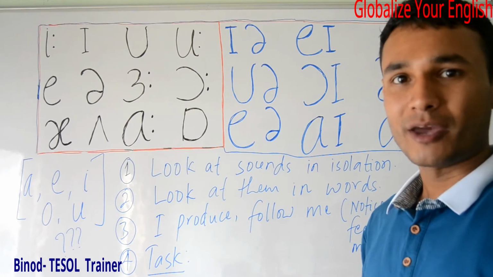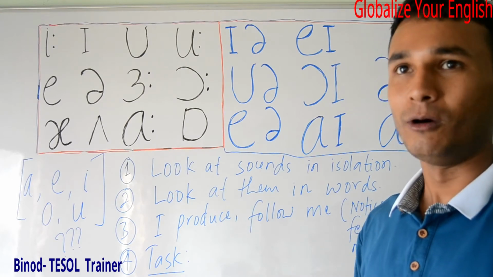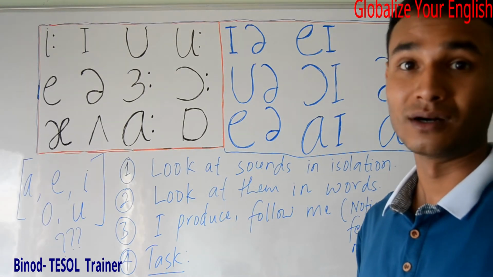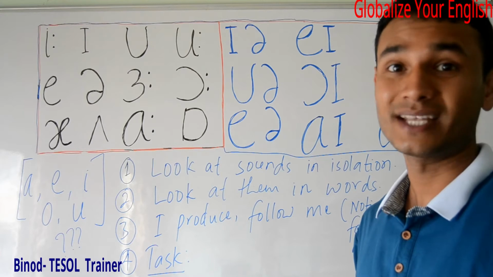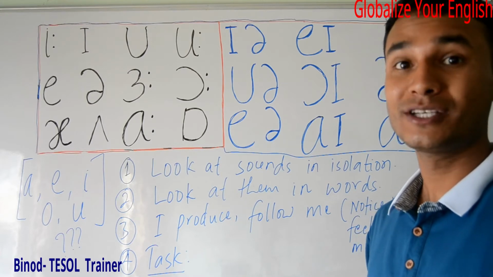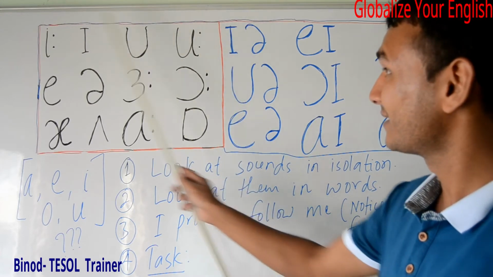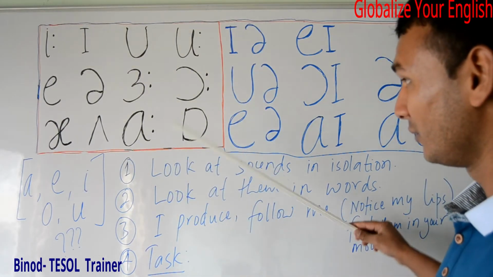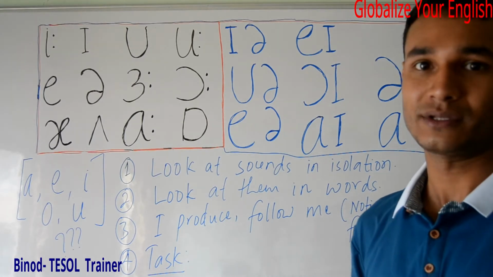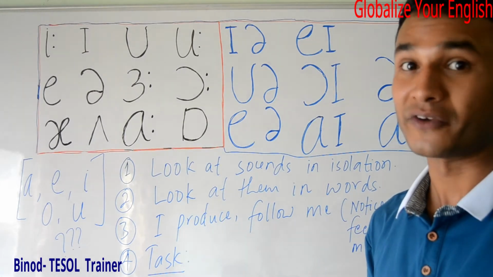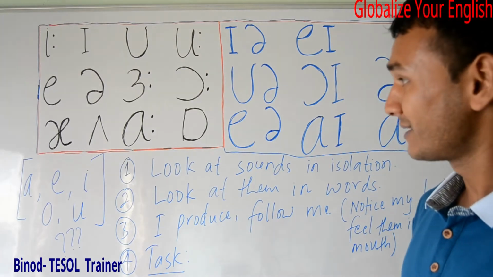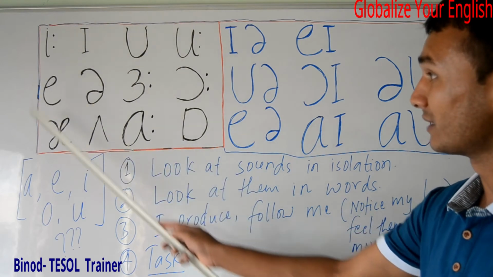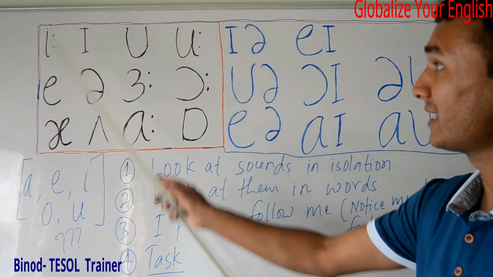Okay, now we will be talking about monophthongs, what I call, some people say simple vowels, or just say vowels, no problem. But what we will do with these 12 vowels today, we will be just looking at these sounds, not these sounds. We will discuss consonant sounds later on in our next video series. What we will do today is look at the individual sounds, or sounds in isolation.